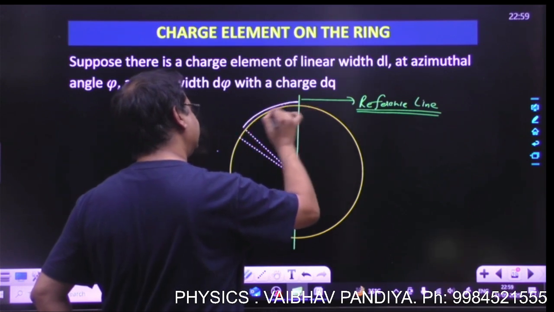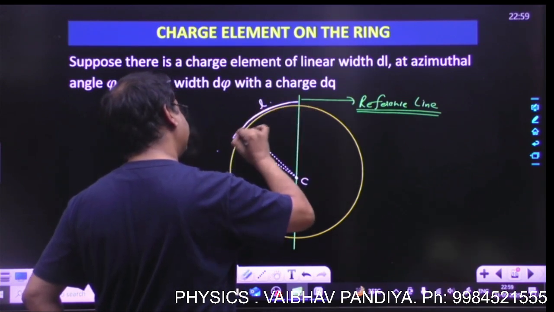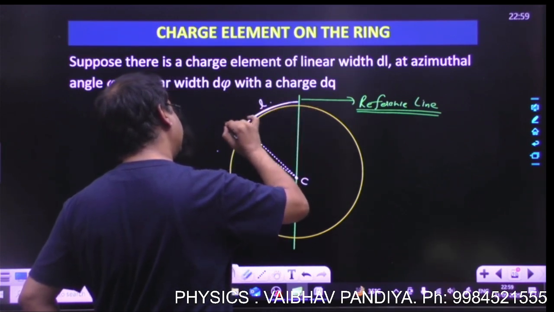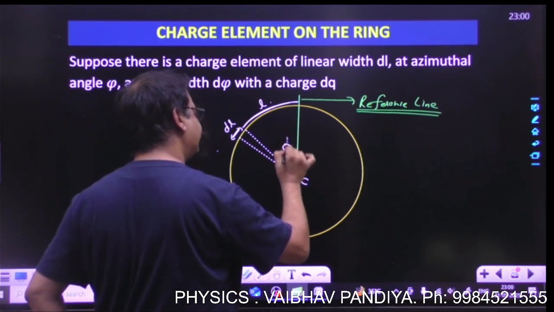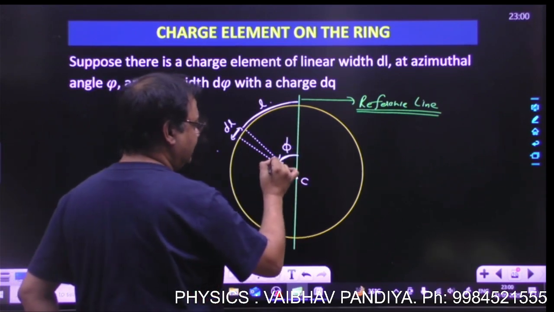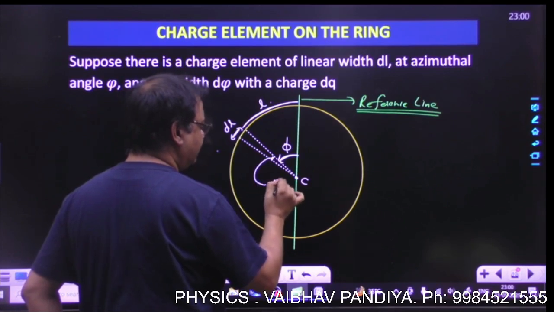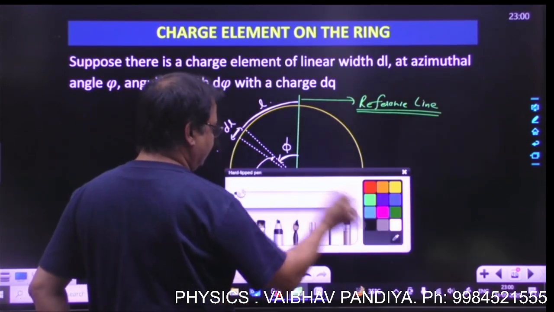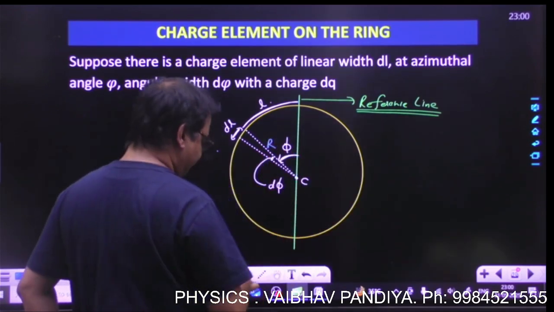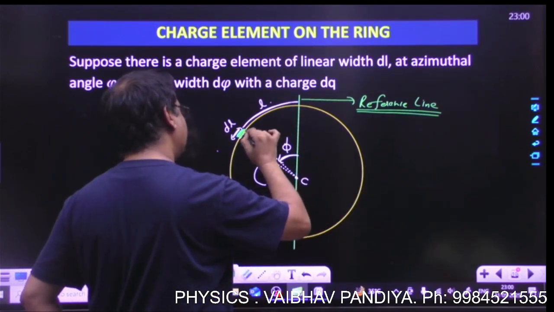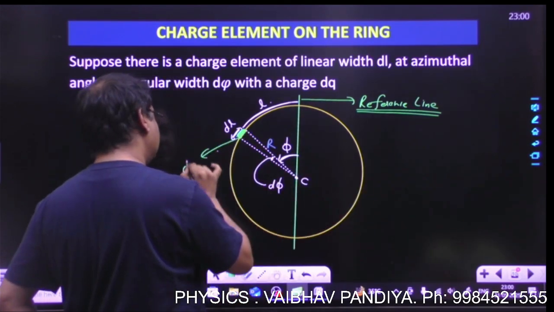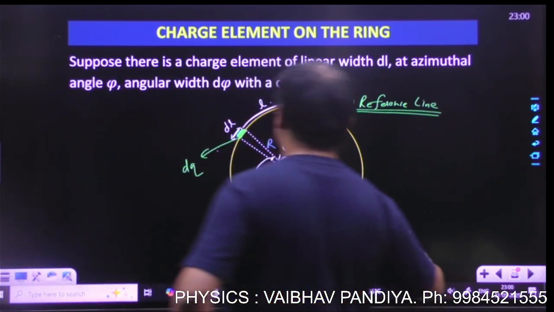Say this linear length is L, and the linear width would be dL. Say this angular position is phi, that is the azimuth or azimuthal angle, and this angular width is d phi, and the radius is r. And this green element has a charge dq, correct?